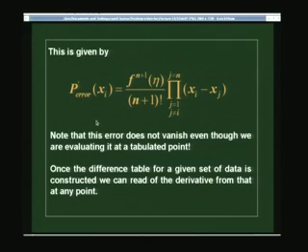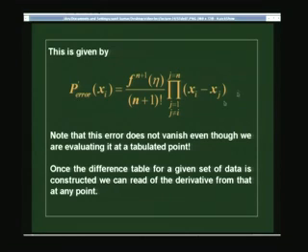To summarize, at the tabulated point, the error in this method of calculating numerical derivative by interpolation would be the n plus 1 derivative evaluated at some point eta between x0 and xn, divided by n plus 1 factorial, times a product of xi minus xj, evaluated at xi, for j going from 1 to n except at j equal to i. So that is the error.